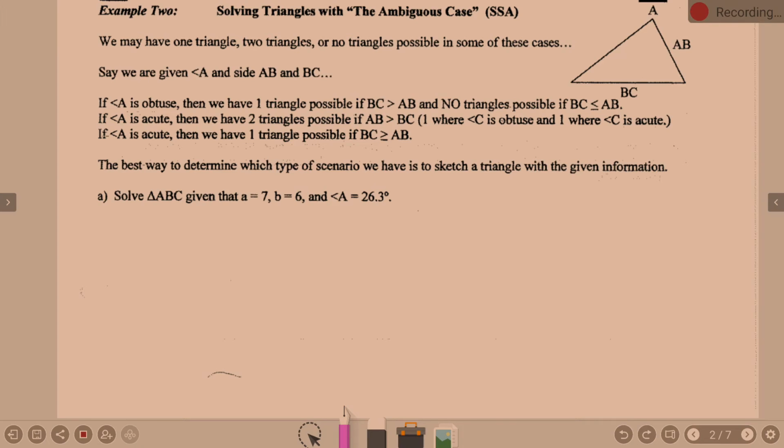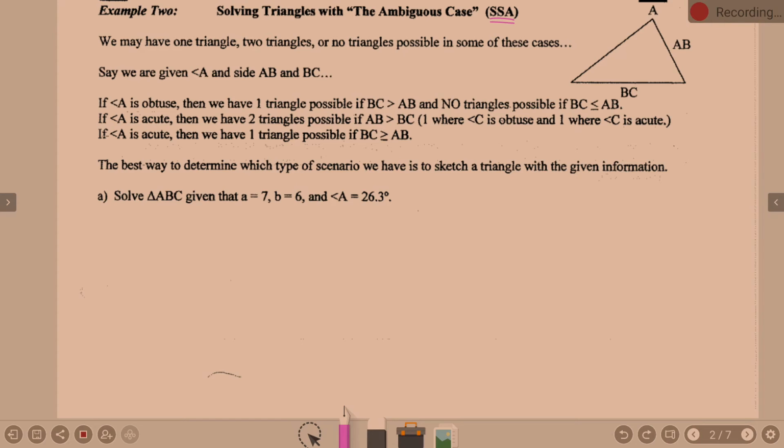First of all, notice we're talking side-side-angle. Depending on what you are given, there may be one answer, like what we just had, there could be no answer, or there could be 2 answers.